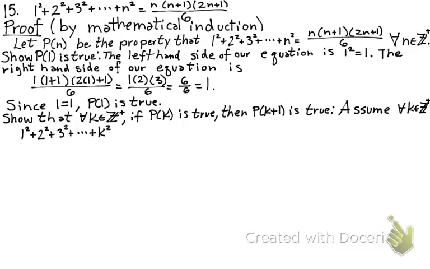We need to use a different variable to establish the property and then to show the mathematical induction. So that's our assumption. We must show that it is true for k plus 1 squared.